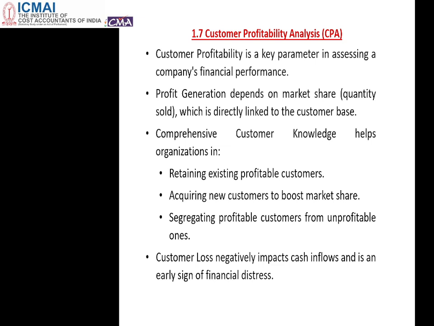Long-term ratings: AAA is the highest and D is the lowest, so there is a range. Short-term ratings are A1, A2, A3, A4 up to D. Short-term is typically of shorter duration, less than 1 year, so T-bills, short-term loans or short-term public deposits are rated in a different way than long-term deposits.